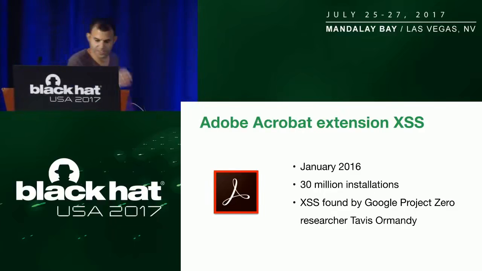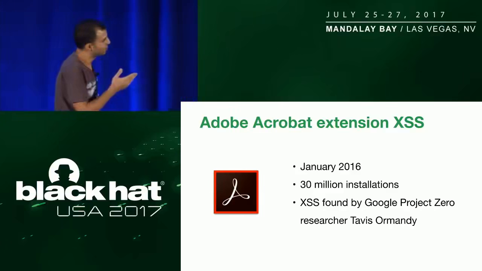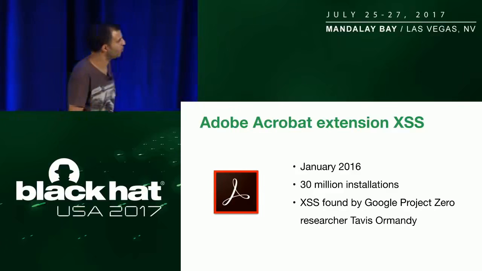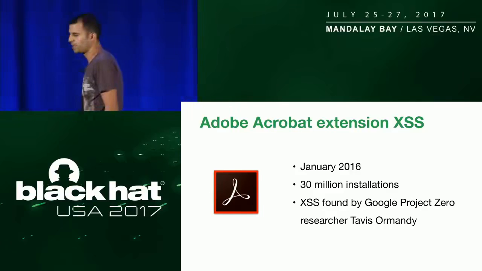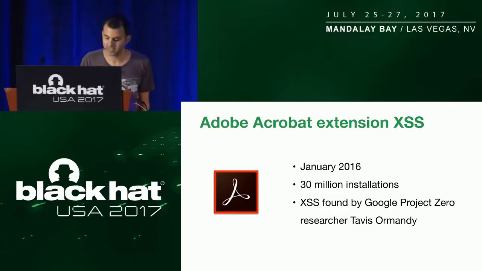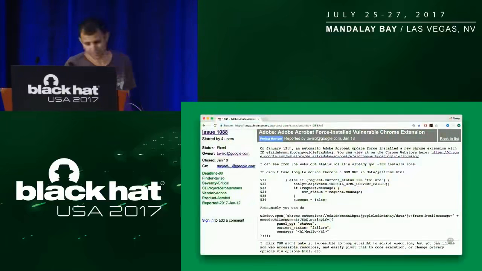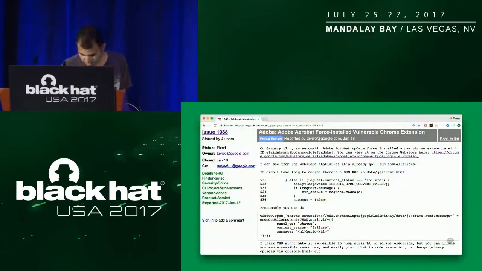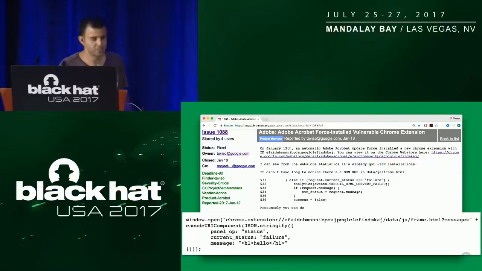So on January 16, while it had 30 million installations, a researcher from Google Project Zero, Tavis Ormandy, reported this extension is vulnerable to DOM-based XSS. Now, this is Tavis's report. I know that you don't see a lot of it, but it included POC code.